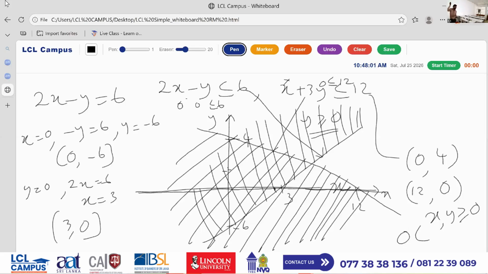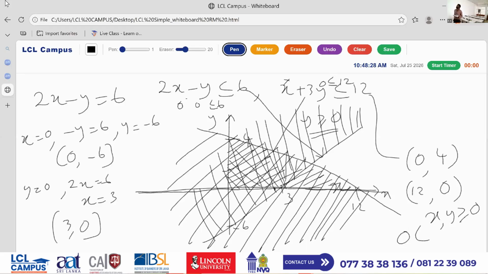Upper side. And x greater than 0 means right side of y or left side of y? Right side of y. Therefore this part is called what? X greater than 0. Up this part, y is greater than 0.